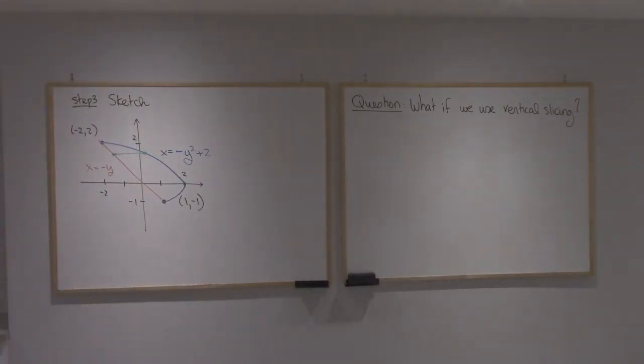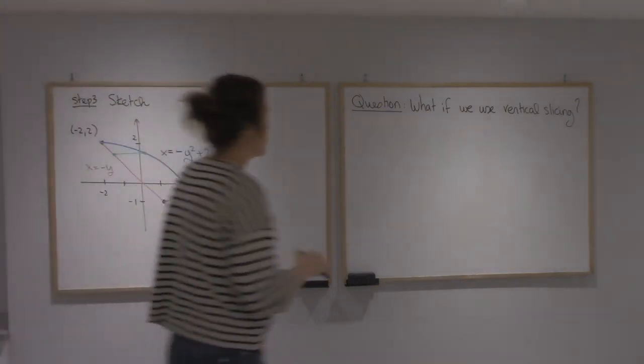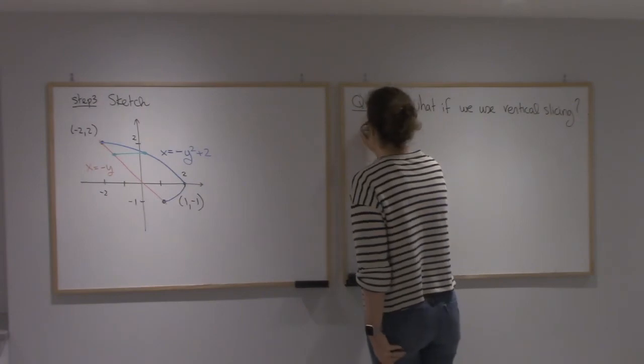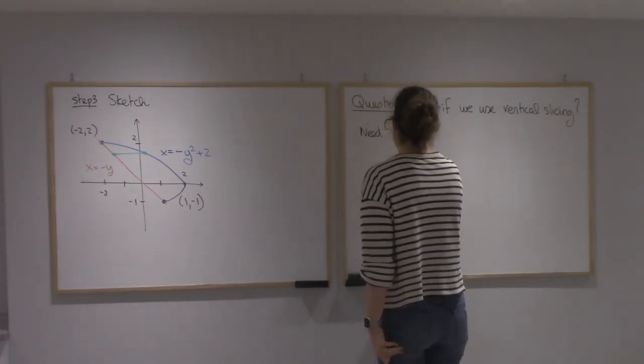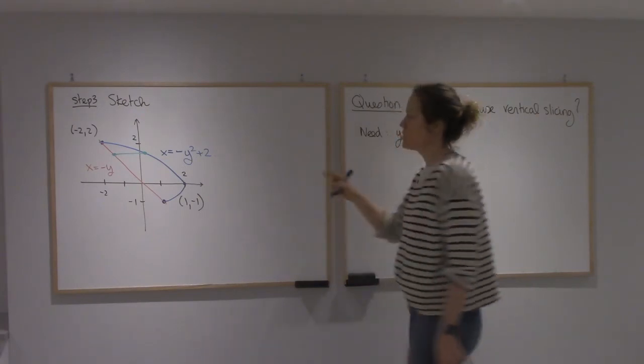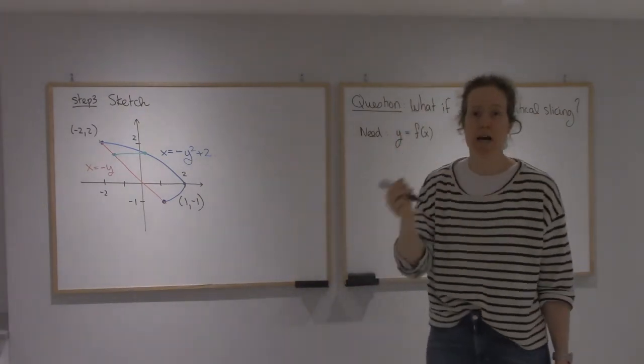We use vertical slicing, so we have to write the curve as y equals a function of x. And so for both of these curves, I'm going to have to isolate y.